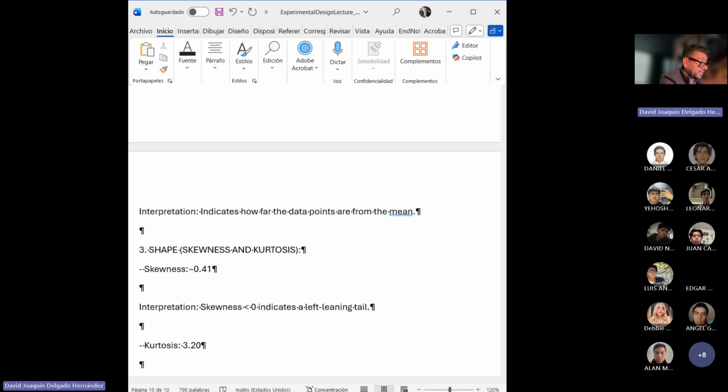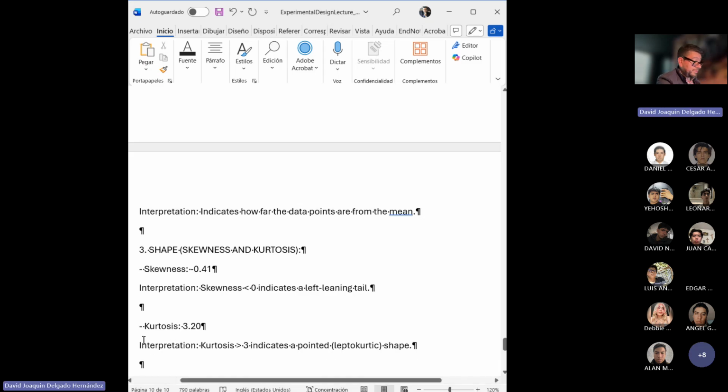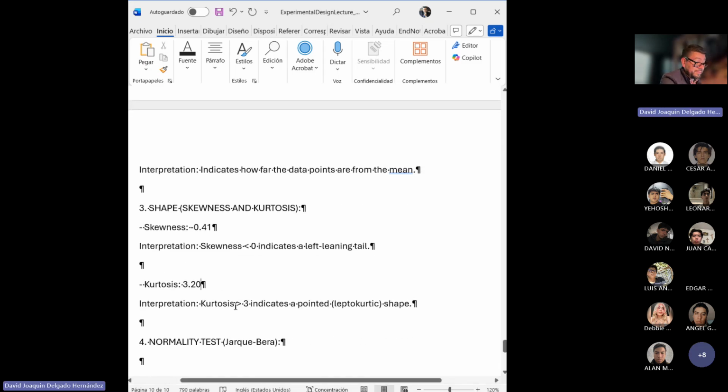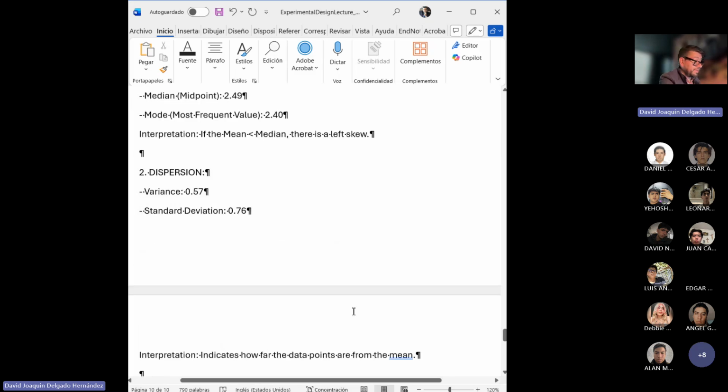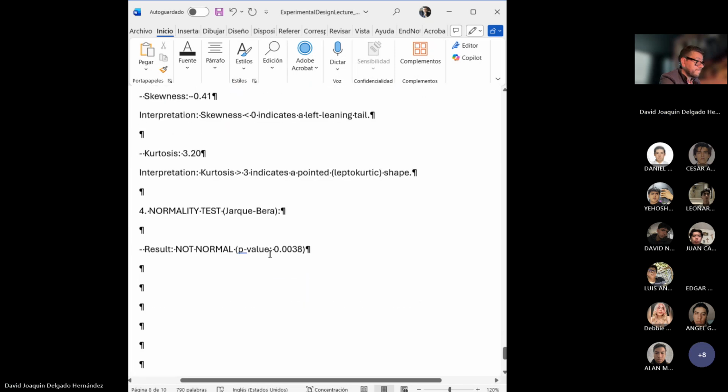It is exactly the same thing as the Claudia Sheinbaum horse tail. And kurtosis is 3.20. It is greater than 3. So that means that it is a sharp shape. You can see here. It is very sharp.